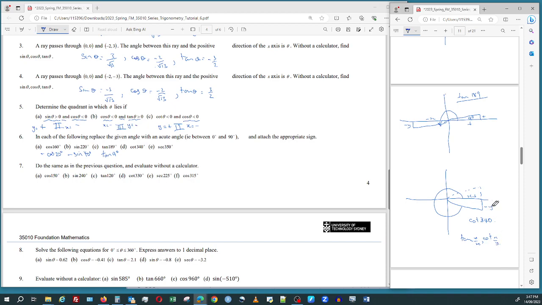So cot 340: x is positive and y is negative. So overall, it's a minus. Okay? So it's a minus. So in order to maintain that, now if we do cot up here, it's a plus y and a plus x, so we don't get the right thing for cot. What's the answer there? 20 degrees. Theta would be 20 degrees.